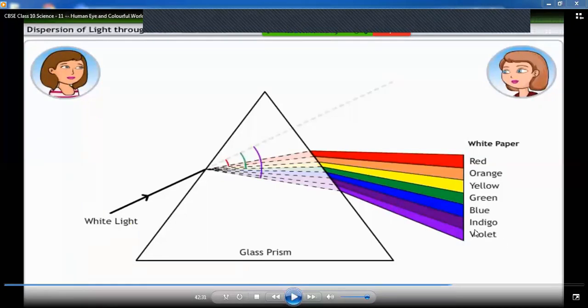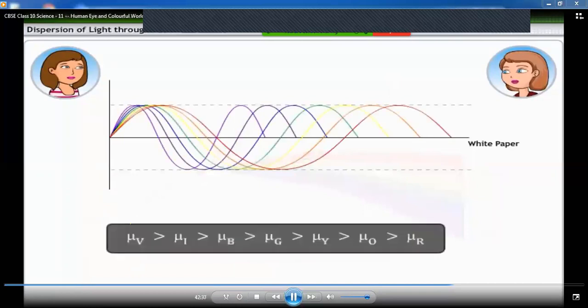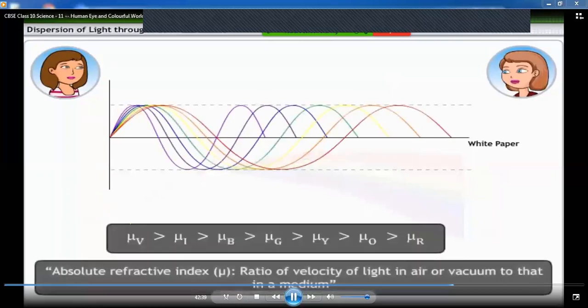Violet color's wavelength is minimum, so its frequency is maximum, and the wavelength of red color is maximum, so its frequency is minimum. This is because the frequency and hence the wavelength of each of the constituent colors of white light is different.